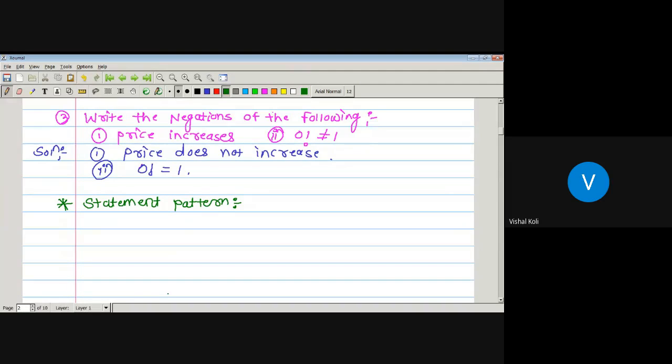Now the next definition will be a statement pattern. Before going to statement pattern, we will see first what a statement letter is. The letters used to denote statements are called statement letters.